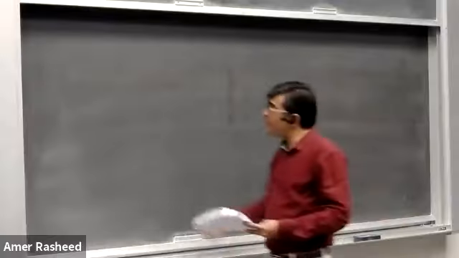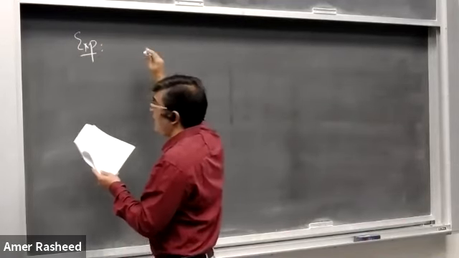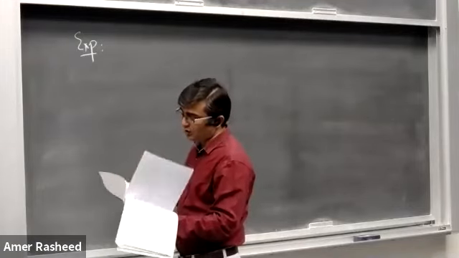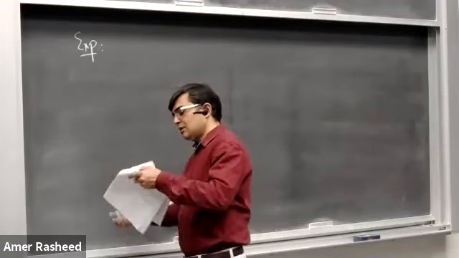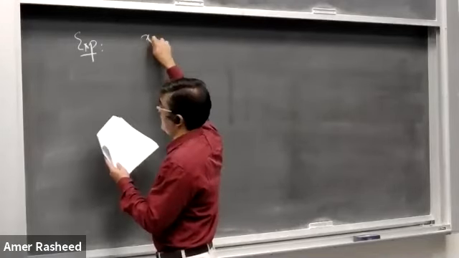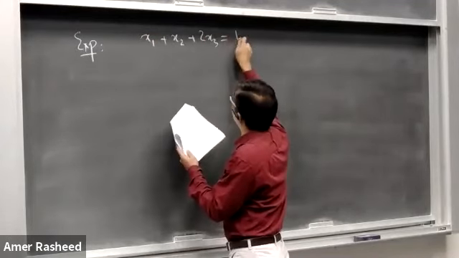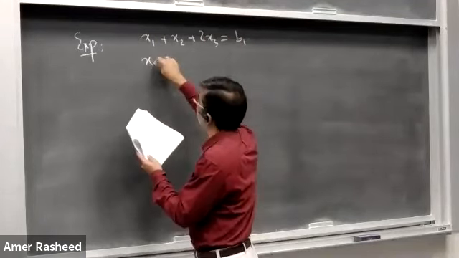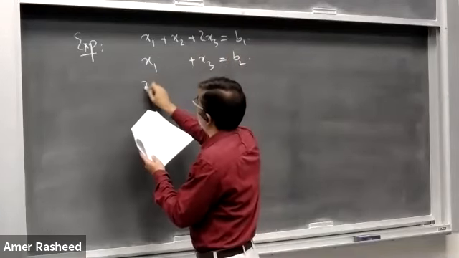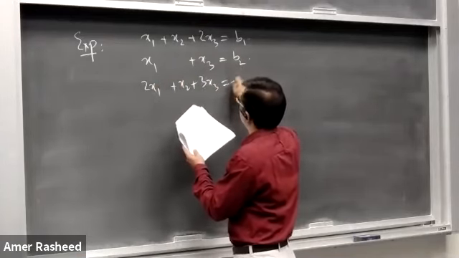Now, there is an example in the context of the last statement. If we have this linear system, for example, we need to solve it. X1 plus X2 plus 2X3 is equal to B1. And X1 plus X3 is equal to B2. And 2X1 plus 2X2 plus 3X3 is equal to B3.